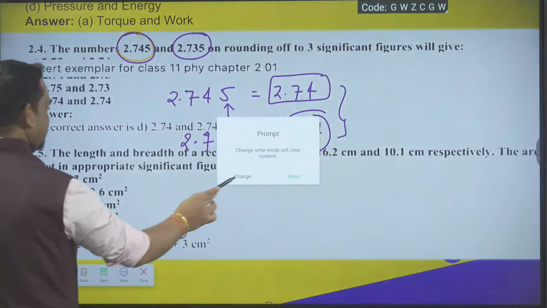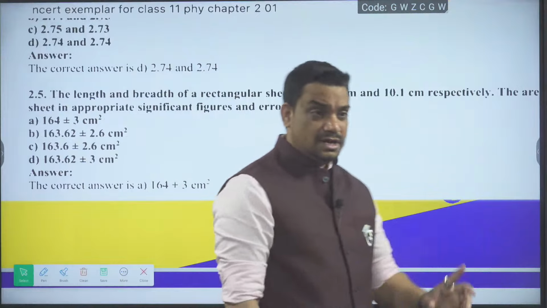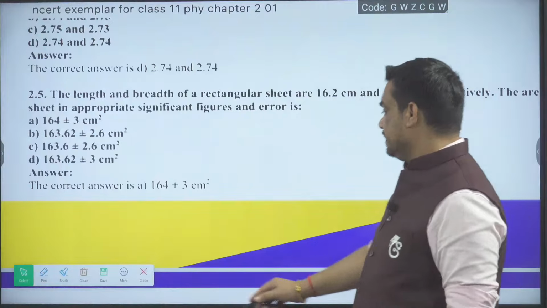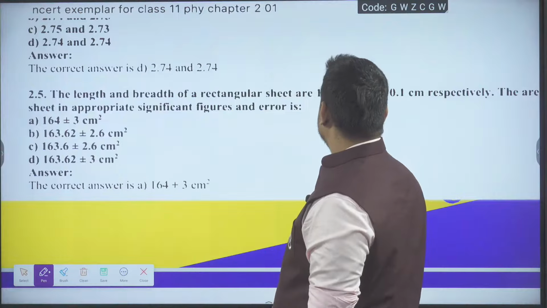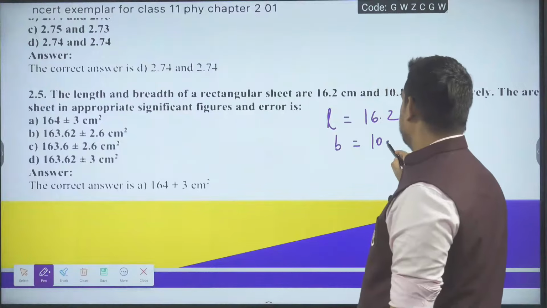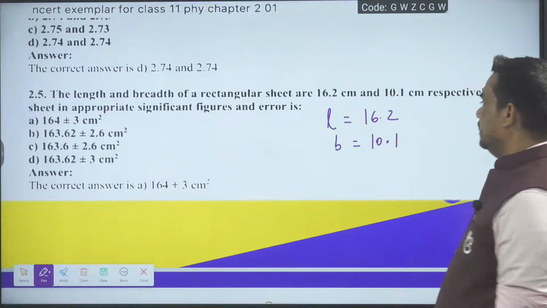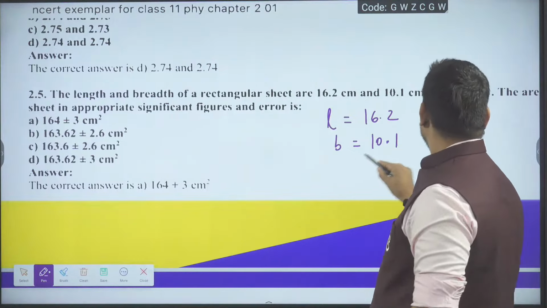Next question: length and width of a rectangular sheet are given, L and B both. L is given as 16.2 and B is given as 10.1, and you have to answer the area.